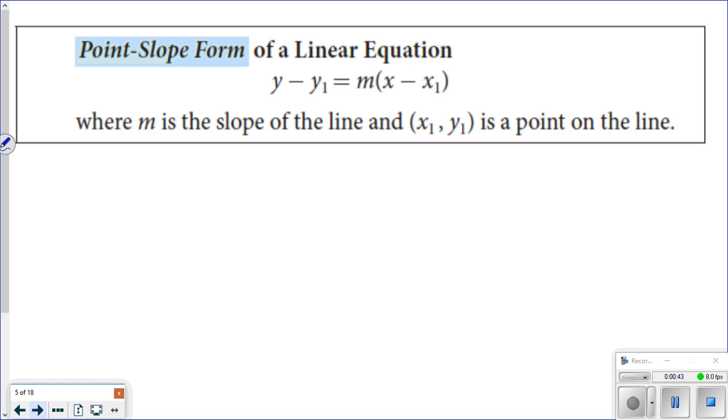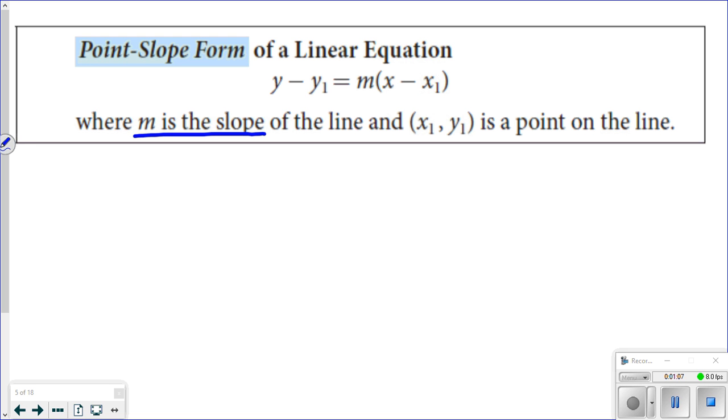So another form of the equation of a line is point slope form. Again, it's just like the name. We need a point on the line and the slope. Okay, that's when we're going to use this form. So again, just like before, m is always going to be our slope, so that's consistent.